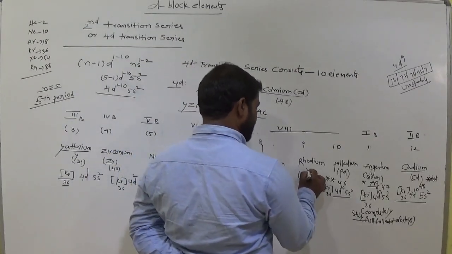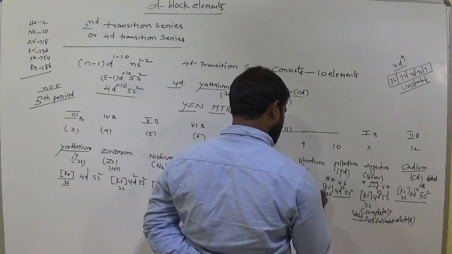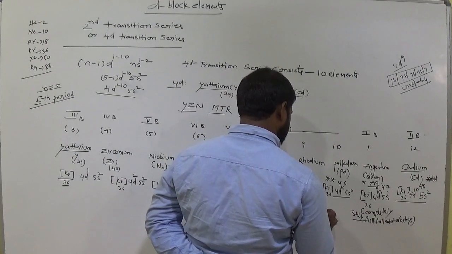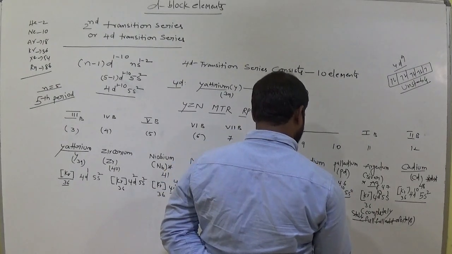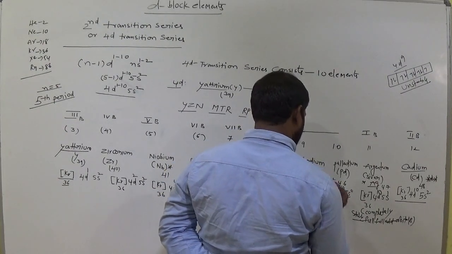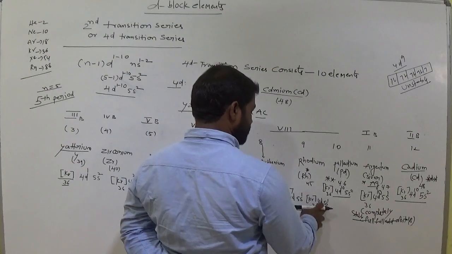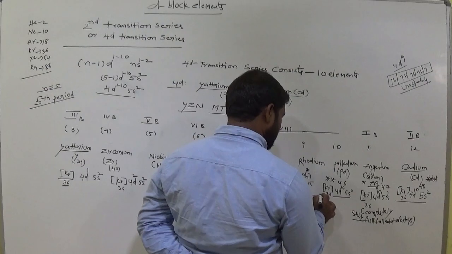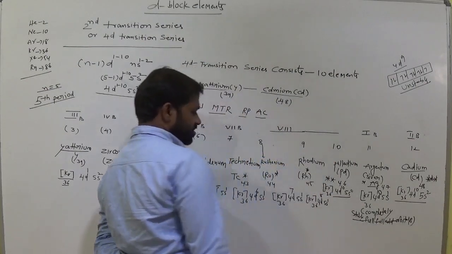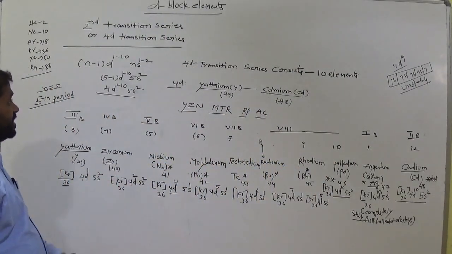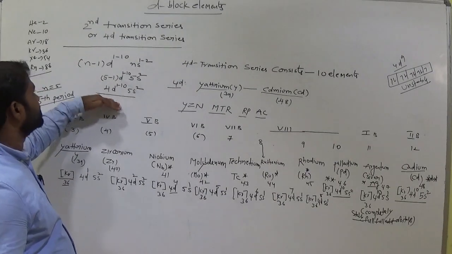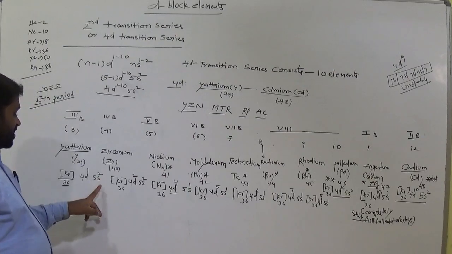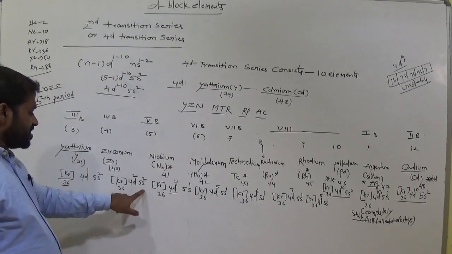Clear? And for this one, krypton 36 and 4d8 5s1, 36 plus 1, 37 plus 8, 48. Okay, so you should remember here, in the 4d transition series or second transition series, 2 electrons here, 2 electrons here.